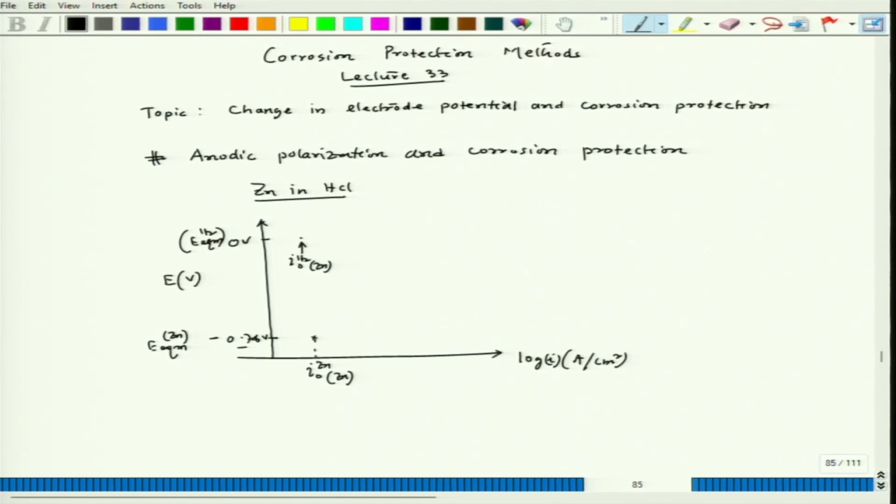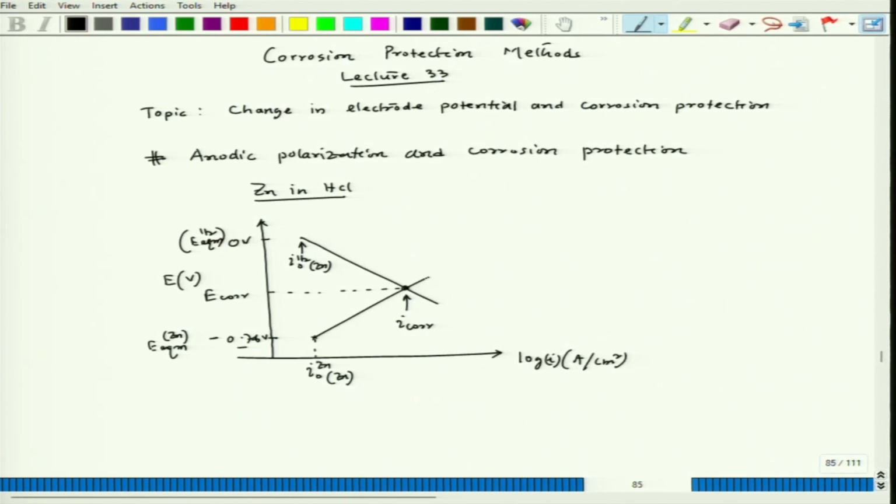Now if we follow the polarization plot, this is my E core and this corresponds to I core. Zinc will corrode at the rate corresponding to the current density at this junction point.